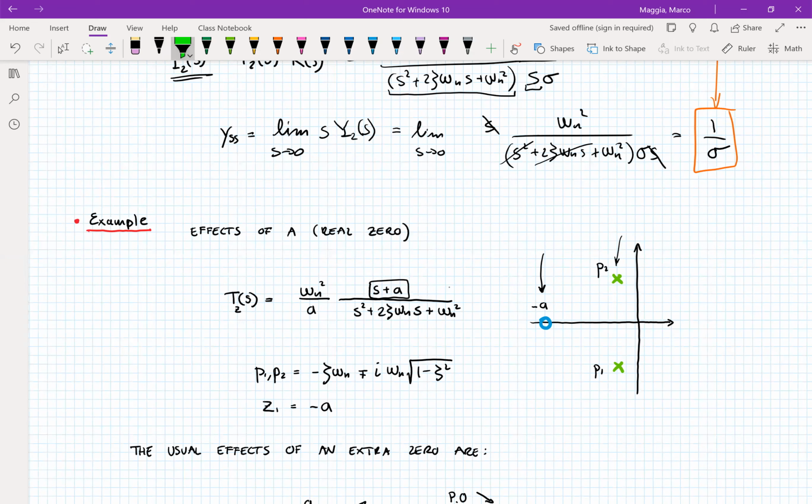So first of all, we have to scale our transfer function with 1 over a in order to maintain the steady state value. In this case, the two poles are once again equal to minus zeta omega n plus or minus j omega n times square root of 1 minus zeta squared, and then the zero is real and placed at minus a.